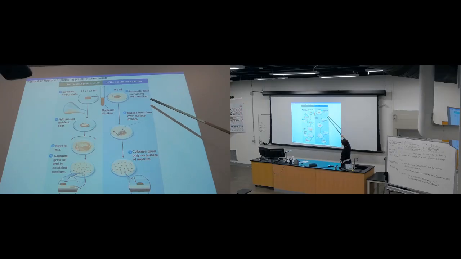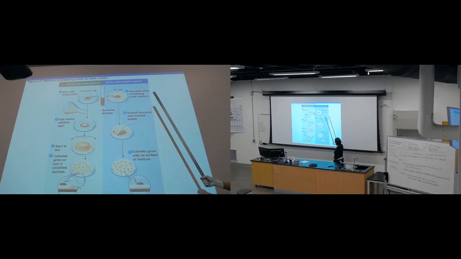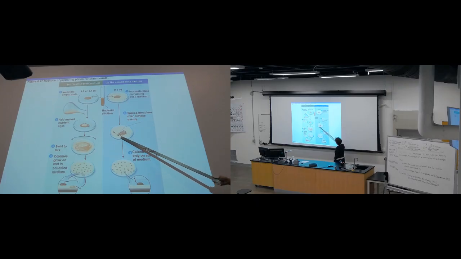Now for the spread plate, you already have this solid medium. So in this case, you have to add very little fluid, 0.1 milliliters of your sample. And then with these spreaders, you can distribute your sample by rotating either the plate or your spreader.